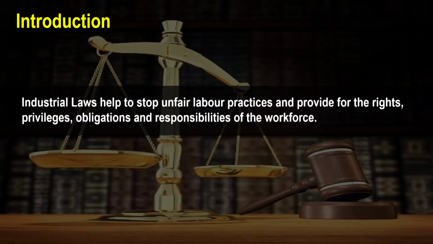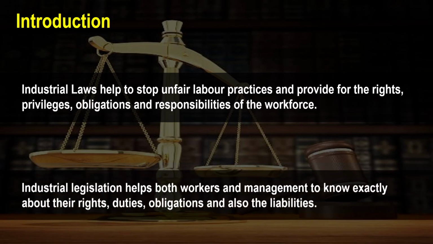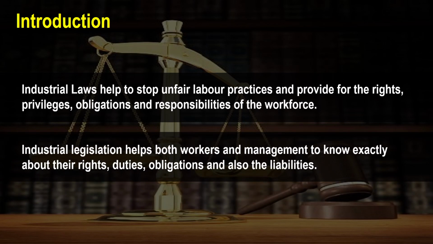Well, the industrial laws help to stop unfair labor practices and provide for the rights, privileges, obligations and responsibilities of the workforce. Industrial legislations help both the workers and the management to know exactly about their rights, duties, obligations and also the liabilities.